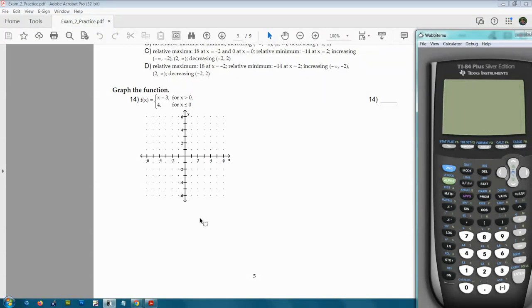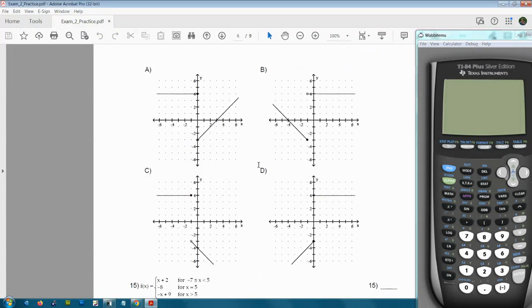All right, number 14. Pretty straightforward because look at this. It says that f of x is equal to 4 when x values are less than or equal to 0. So when x is 0, I got a dot at 4, and everything that's less than 0, -1, -2, your y value is still going to be 4. So you got a horizontal segment starting at 4 and going to the left with a solid dot at 4.